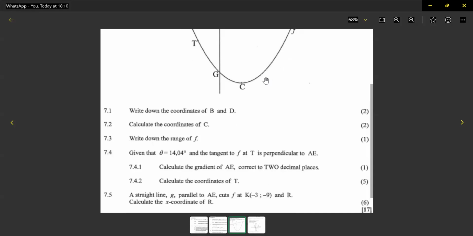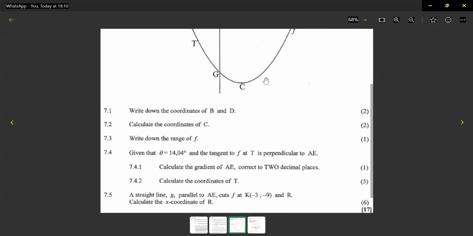It also cuts it at the point R. They said, please calculate the x coordinate of the point R. Well, in simple language, they're saying find the coordinates of the other point of intersection. That's all they're saying in short.